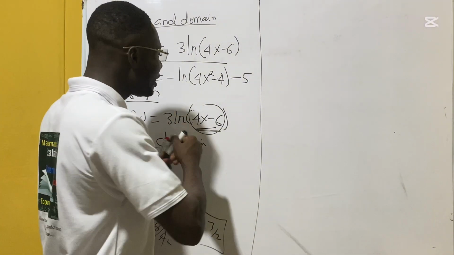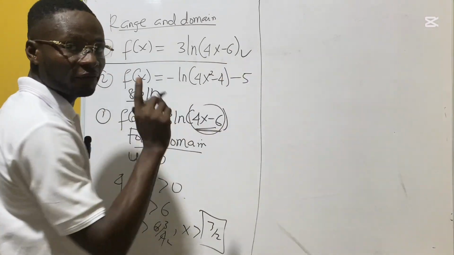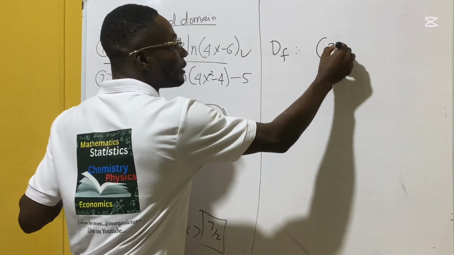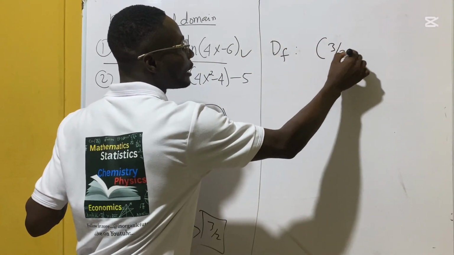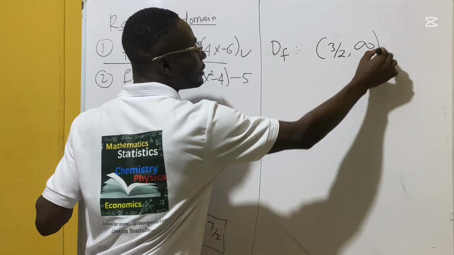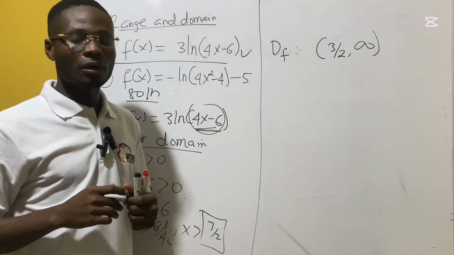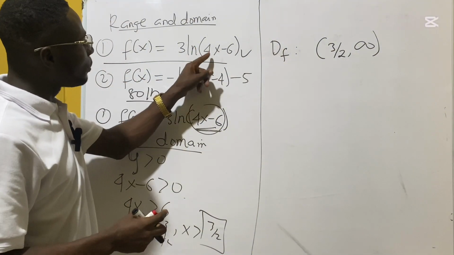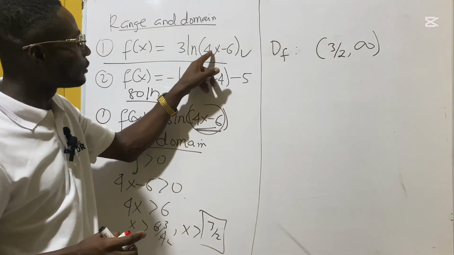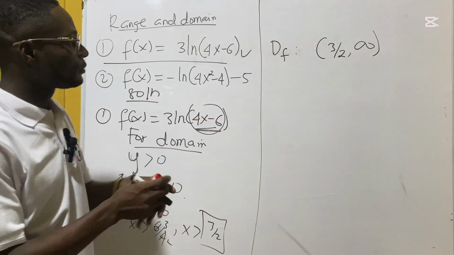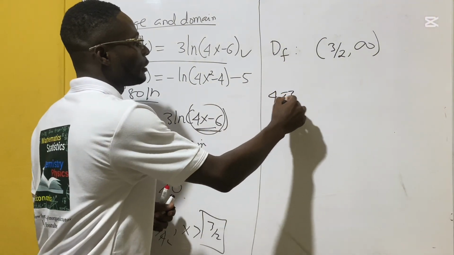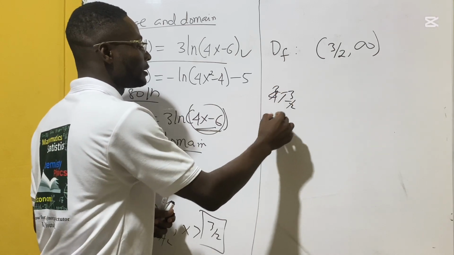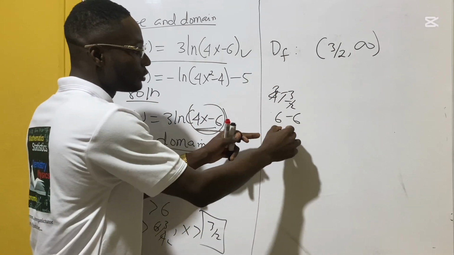The domain of f is going to be 3 over 2 to infinity, all excluded, because when you put 3 over 2 here, you have 4 times 3 over 2, and that is 6 minus 6, and that is going to give you 0.